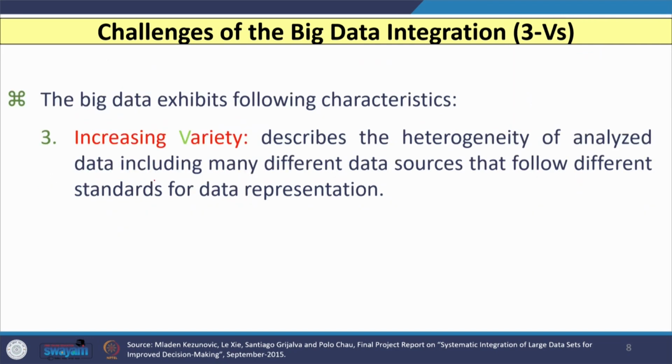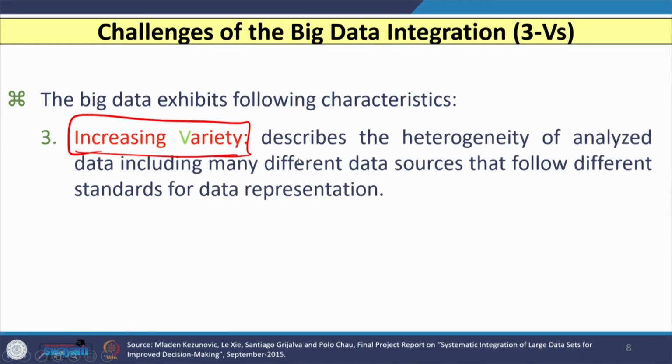The third V comes from the increasing variety of the data, because we know that a utility can capture data in time domain, let us say the data of synchrophasors or data of the SCADA system, or maybe data available from the IEDs or smart meters, whereas some other data are also there in the form of, let us say, latitude or longitude, or maybe in the form of images like GIS data, weather data, and so many other things.